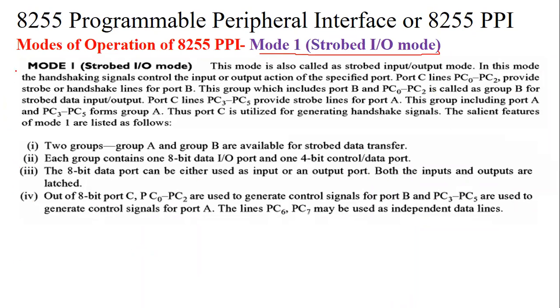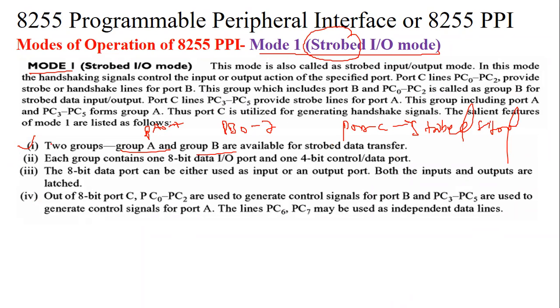So what is mode 1? In mode 1 only two ports are working, group A and group B, nothing but port A0 to A7 and port B0 to B7. Whatever remains, port C, works as strobe signals.